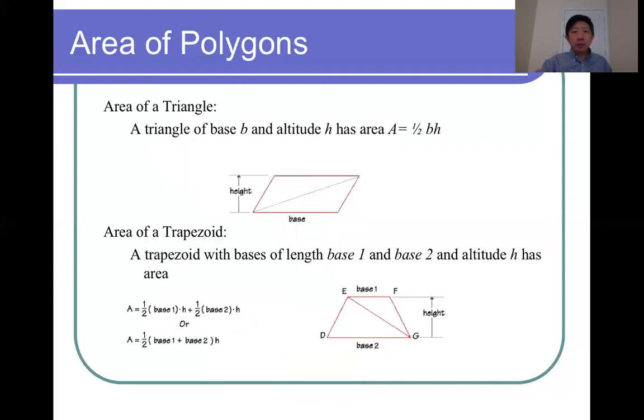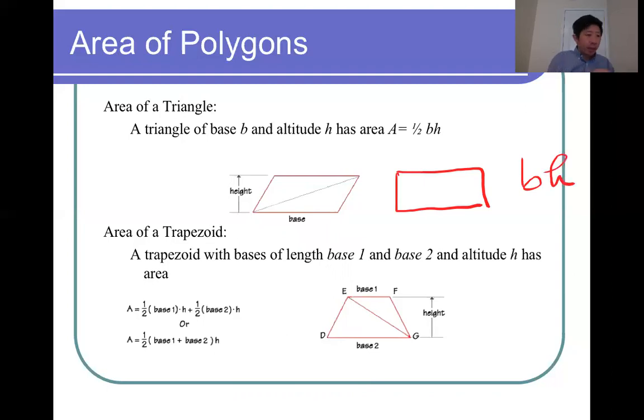Next, area of a triangle. Now the formula for the area of a triangle is 1/2 base times height, right? I think many people know this formula, but you don't know why. We know the area of a parallelogram or a rectangle is base times height.